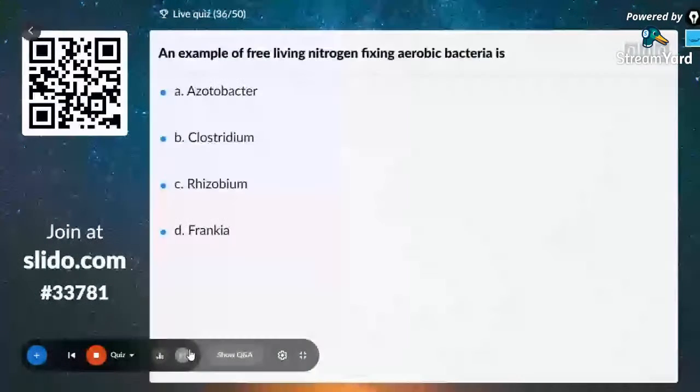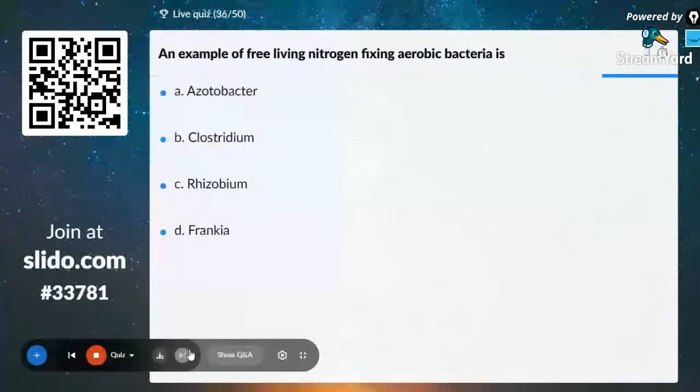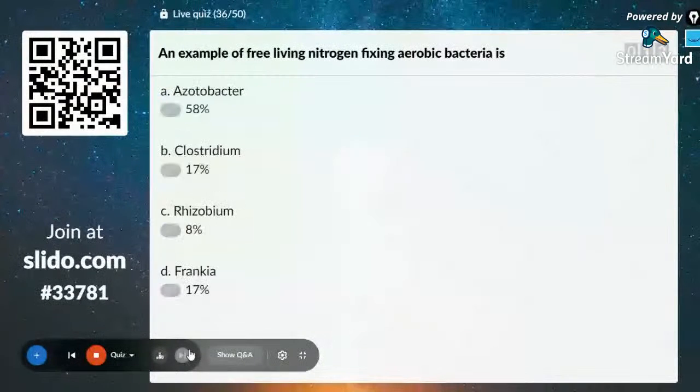An example of free-living nitrogen-fixing aerobic bacteria is Azotobacter, Clostridium, Rhizobium, Frankia. It is Azotobacter.